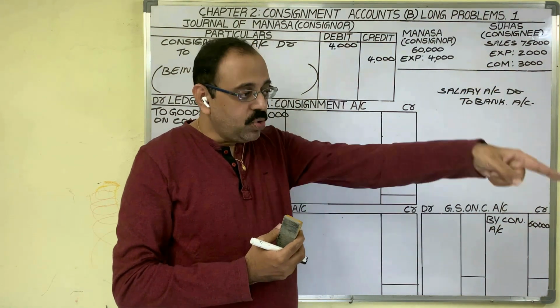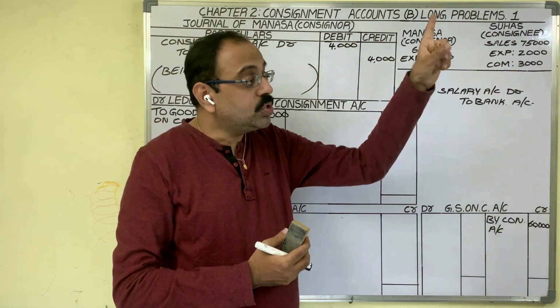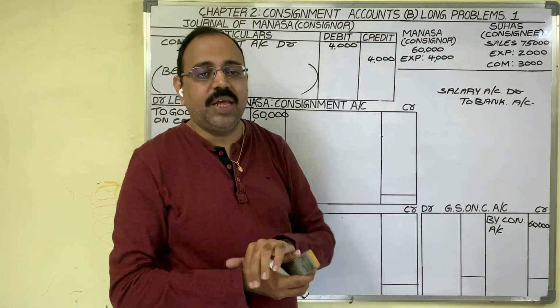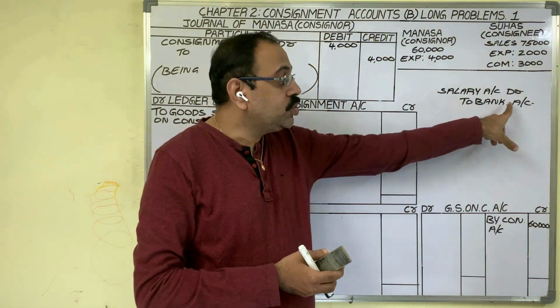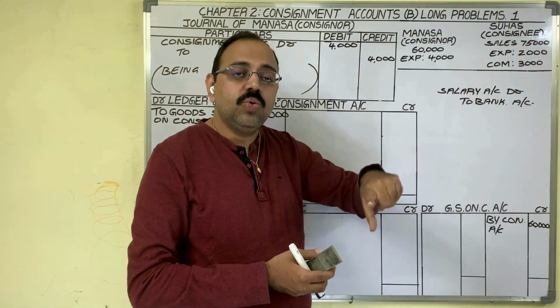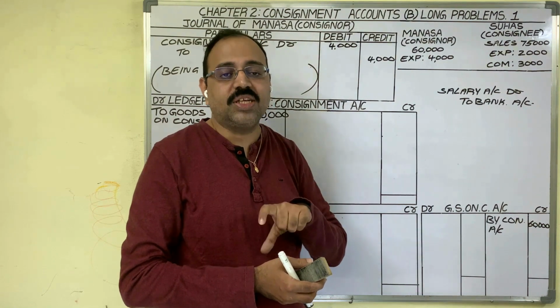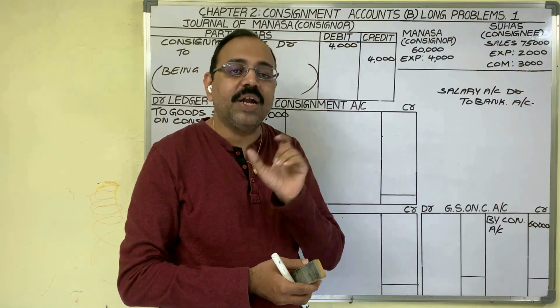We issued a cheque to the employee. The employee goes to our bank and takes money. So the banker is a giver. Therefore, bank is to be credited. These rules we used to follow in inter first year for any expenditure.